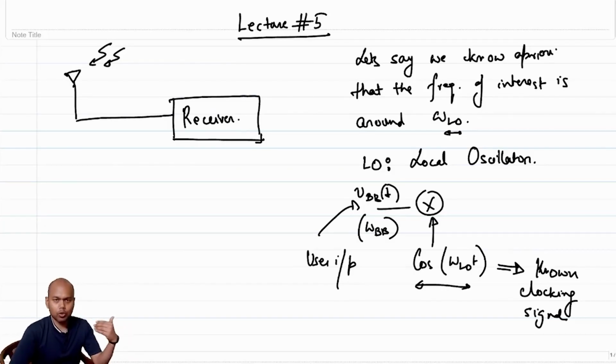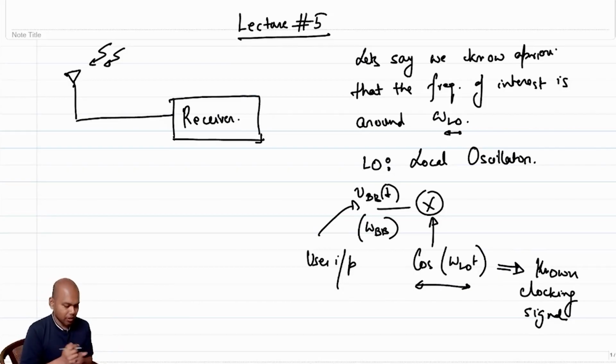Now, if something is known a priori, I can generate it locally. For example, each of your cell phones has a crystal inside, and from the crystal oscillator we generate this clock. Hence the term local oscillator.